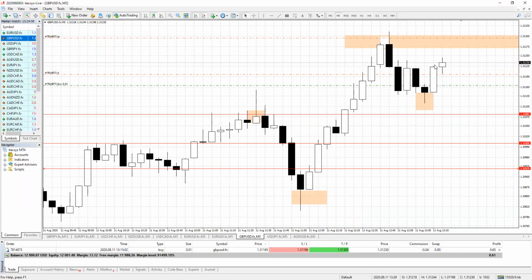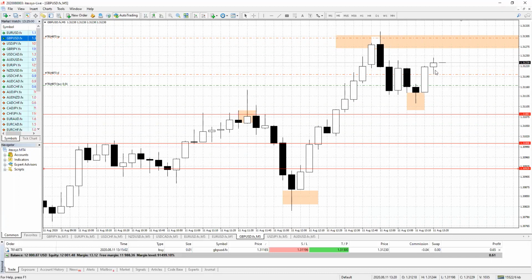Now this 5 minute bar, I like the tail on the bottom, but I don't like the size of the bar. We had a really big buying bar, and then a much smaller bar right here.